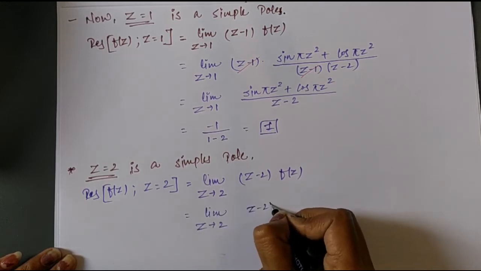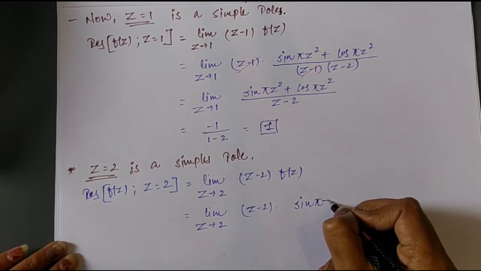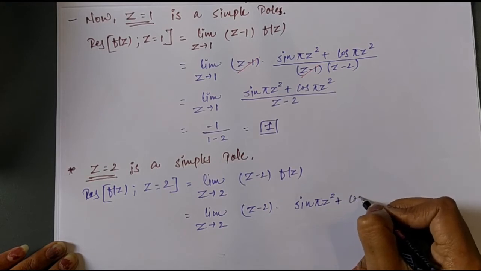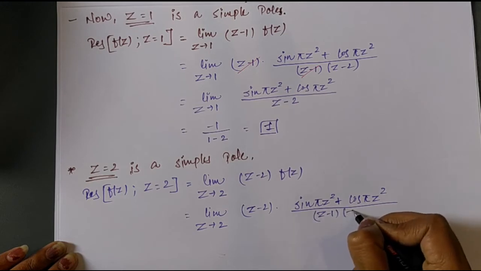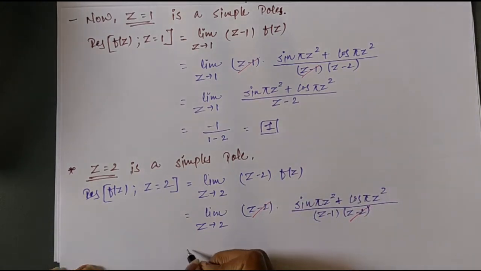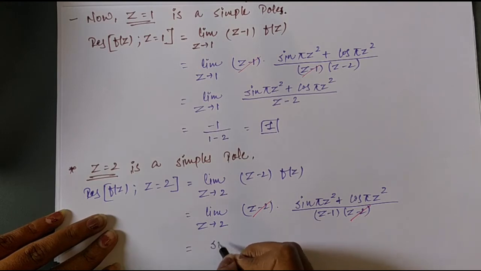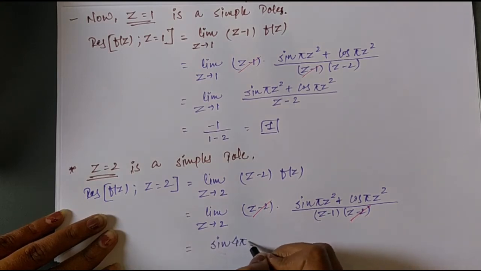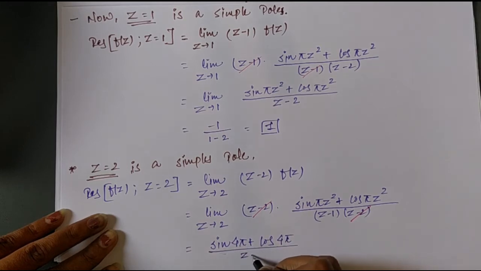So z minus 2, and here you have to put the value of f of z. So sin pi z square plus cos pi z square upon z minus 1 z minus 2, and as you can observe both factors will be removed, and for the remaining term I am writing directly its value. So it will be here sin 4 pi plus cos 4 pi upon z minus 1.